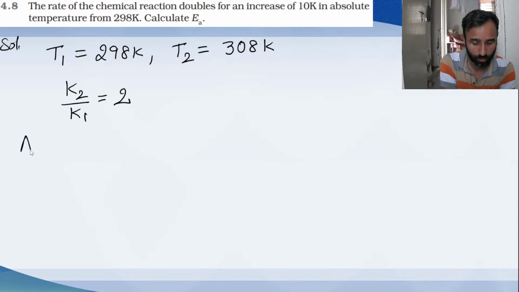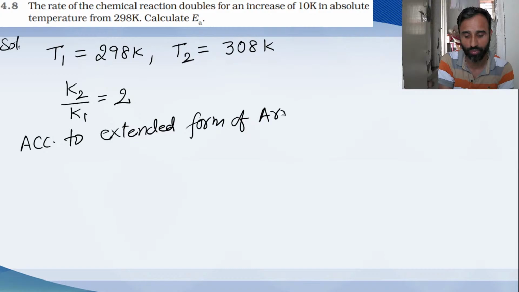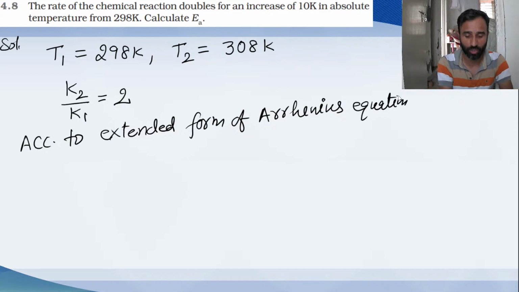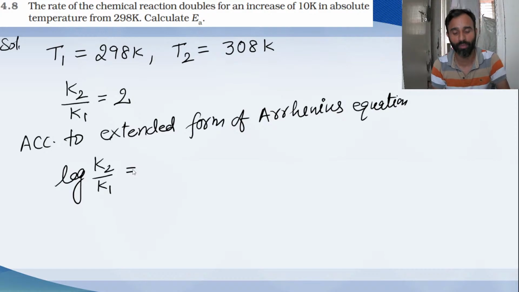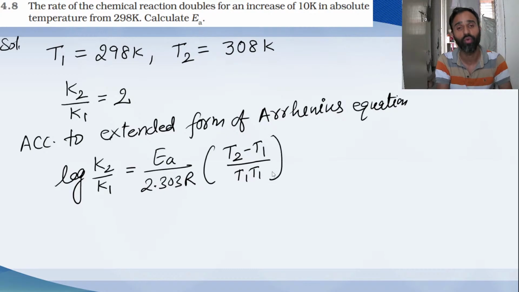Now, according to the extended form of Arrhenius equation, K2 over K1 is equal to EA upon 2.303 R into T2 minus T1 divided by T1 into T2.